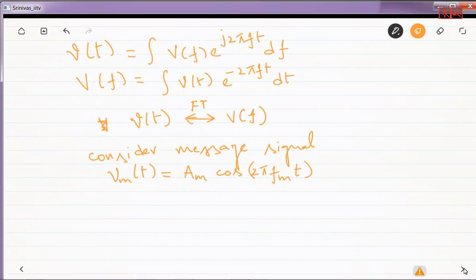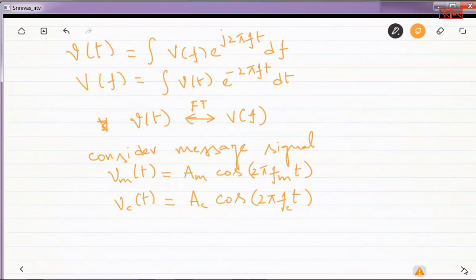Think about this: let us say we want to translate this to a frequency fc. Then a simple way of doing this translation is to multiply these two signals together mathematically, with another signal of frequency fc. Let me write Vc of t, the carrier signal, as Ac cos 2 pi fc t.